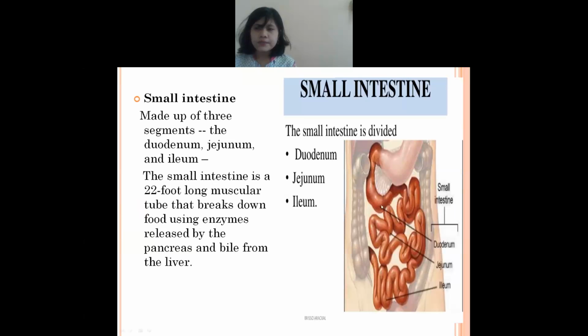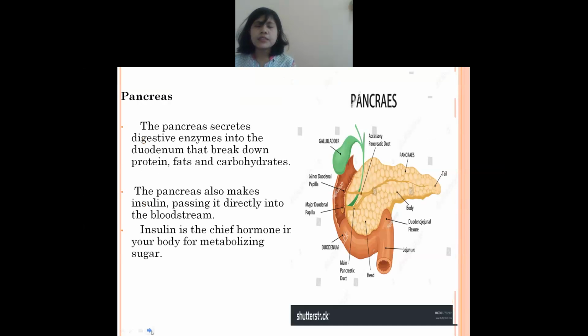Wait, I'll show you. You remember the duodenum, this one, the small intestine. Okay, so from the pancreas they will go here, and after going here, they will release digestive enzyme and break down some proteins, some carbohydrates, some fats.